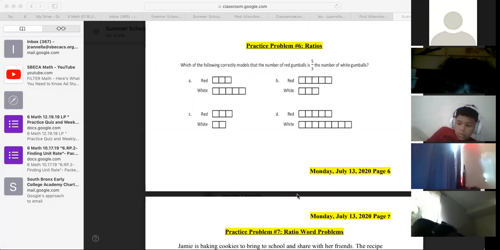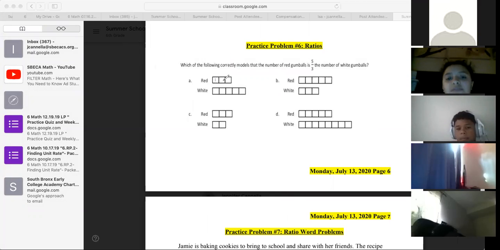Number 6. Look at my screen. Which of the following correctly models that the number of red gumballs is 5 to 3, the number of red gumballs to the number of white gumballs?